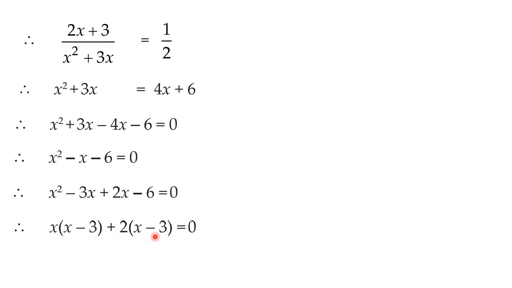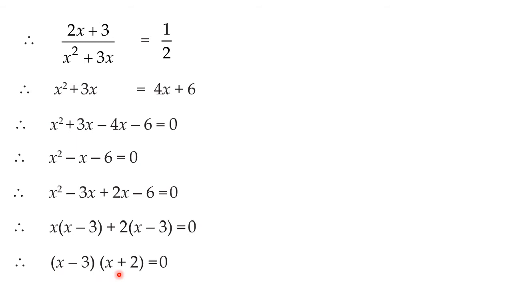So we are going to write the factors for these two polynomials in two separate brackets as x minus 3 and x plus 2. Don't forget to write down equal to 0. It's an equation.